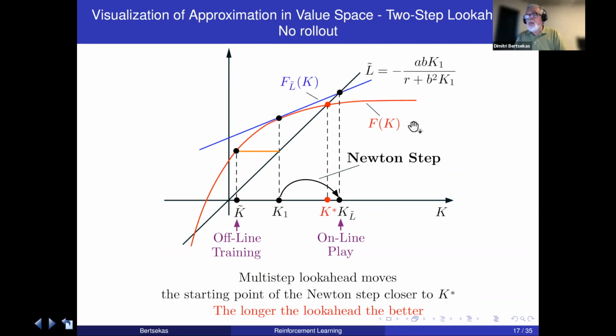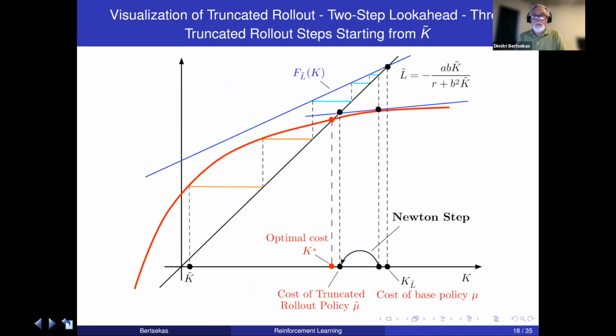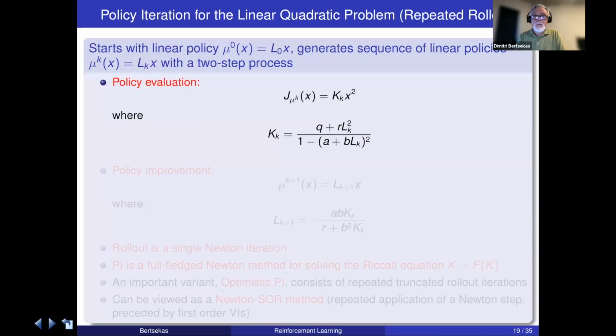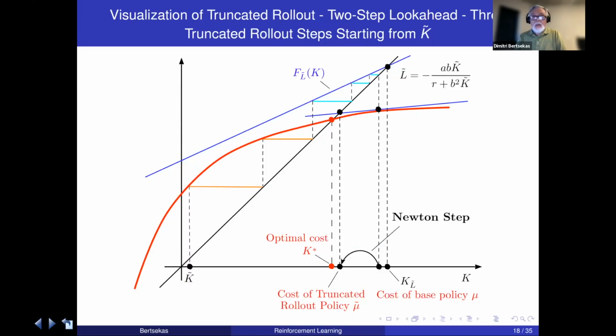Let's look at the case where, in addition to multi-step look ahead minimization, there is rollout with a base policy. This is for two-step look ahead and three truncated rollout steps starting from k tilde. We start from k tilde.